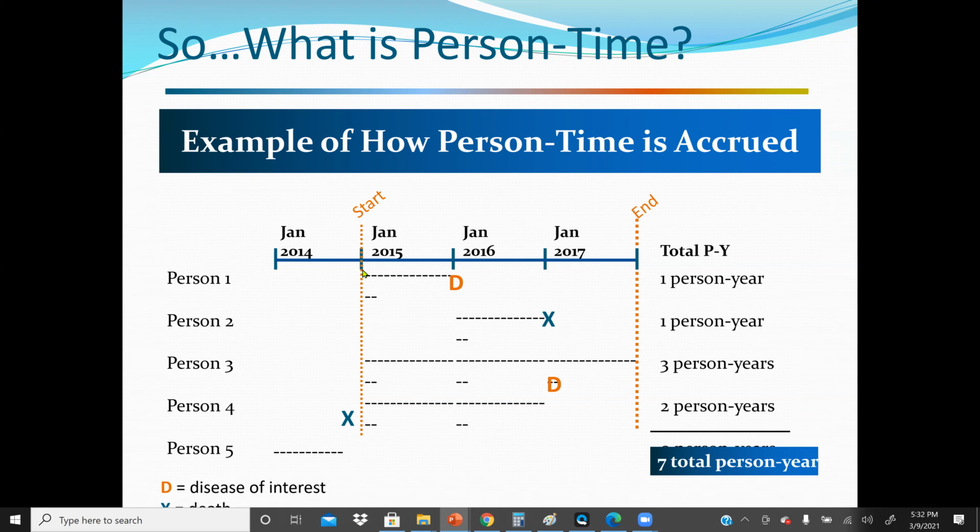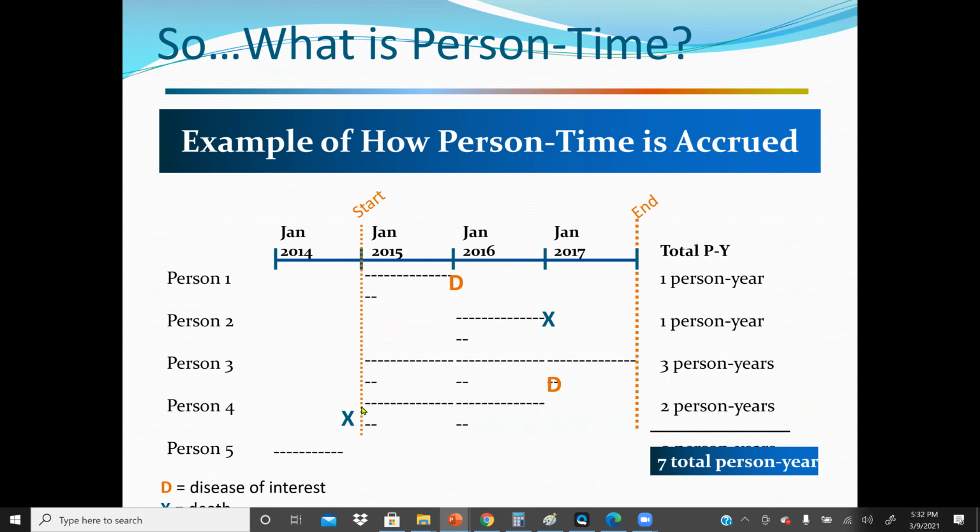So here we have from January 2015 to January 2016, so 1 person-year. This is from January 2016 to January 2017, so 1 person-year. Person 3 is from January 2015 to December 2017, so that's 3 person-years.